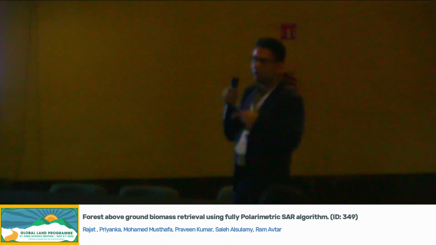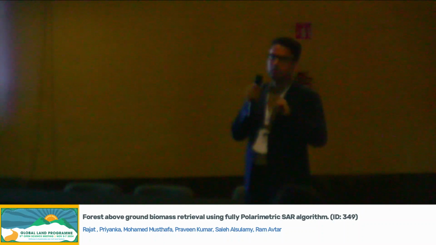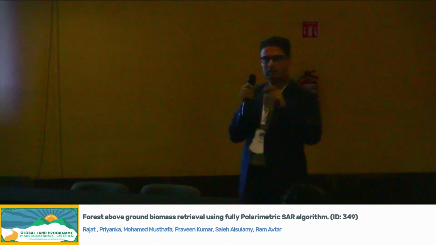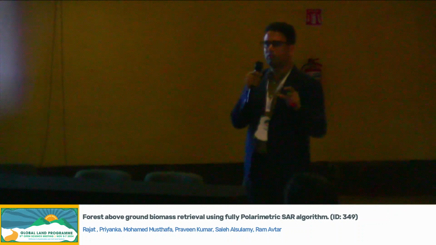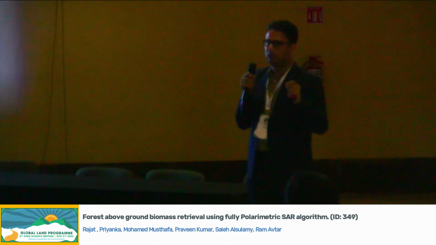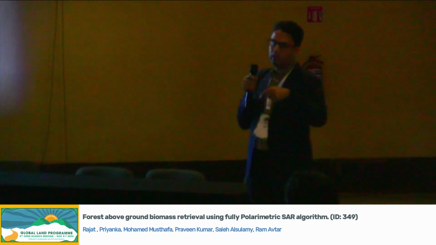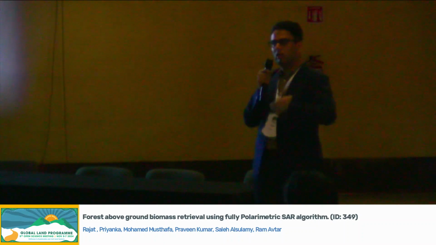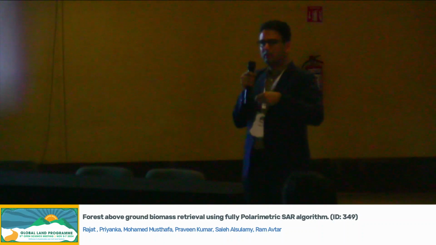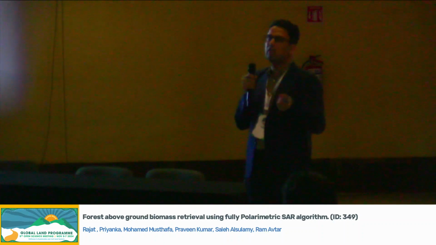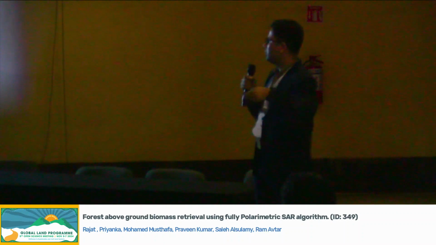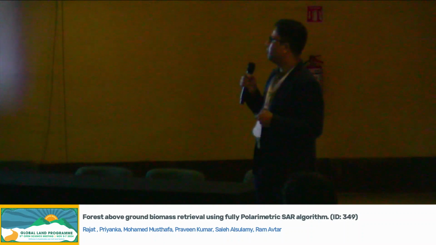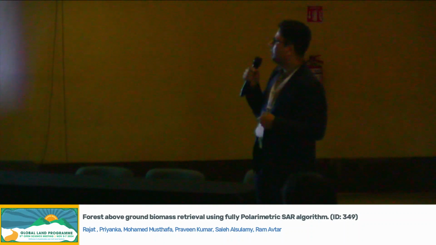So in our future model, we are only going to include SAR data based on the S band and L band, and we are going to generate an operational product from the NISAR mission. GEDI has that huge uncertainty of overestimation and underestimation, and the spatial resolution is also very poor.